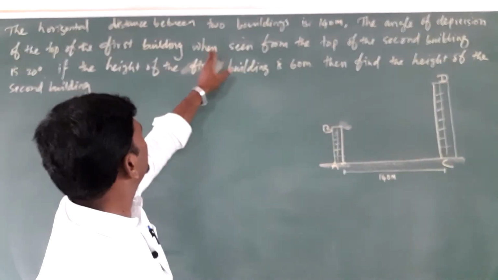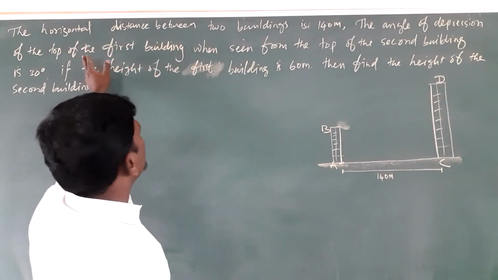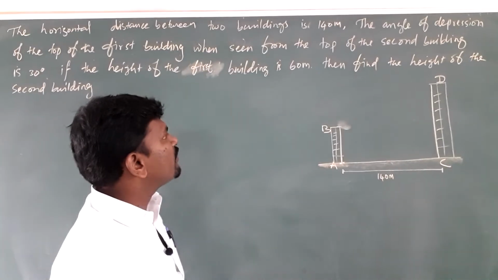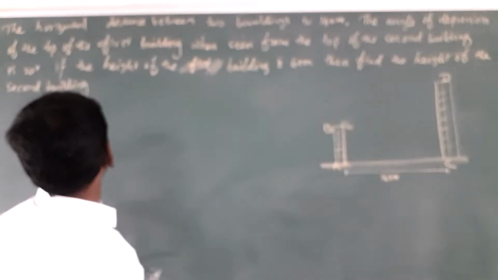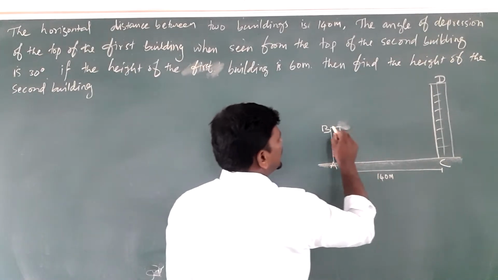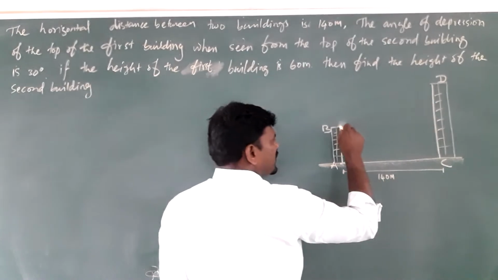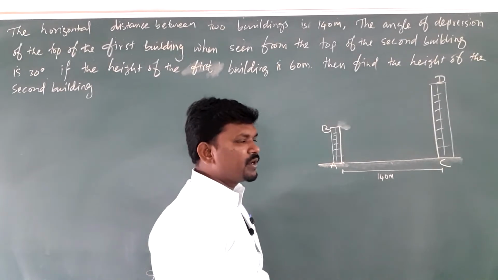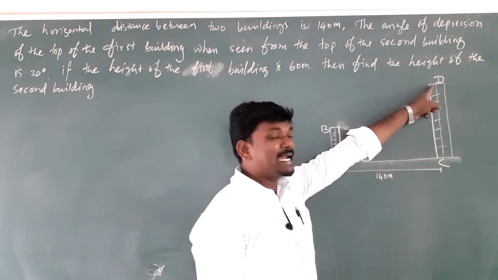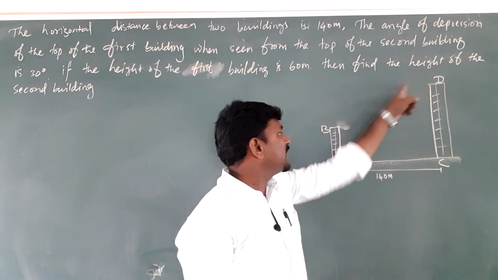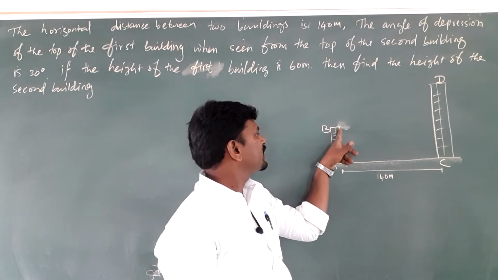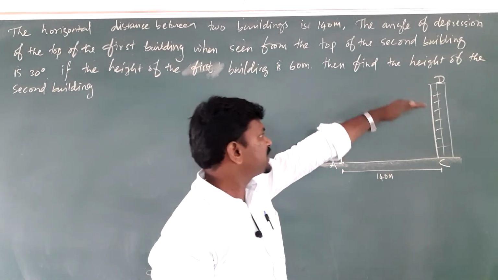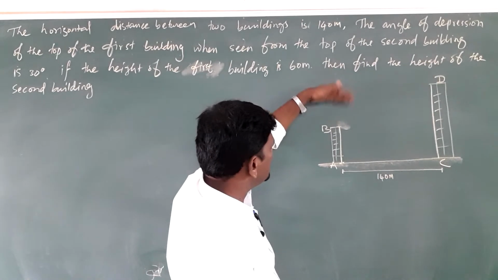See here. The angle of depression of the top of the first building when seen from the top of the second building. So if you are standing on the top of the second building and you are seeing the top of the first building, the angle of depression will be below the horizontal line.